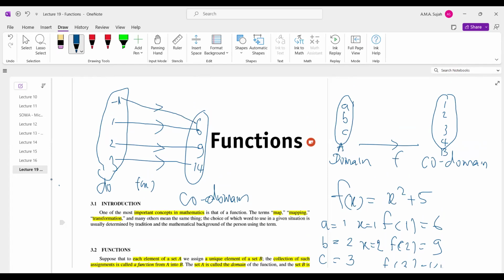So this we can call a function. You have a set of input domain elements and a set of output values, which we call the codomain. Then you find the relationship between domain and codomain elements, and that we call a function.